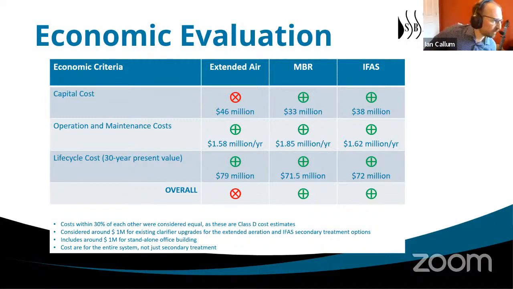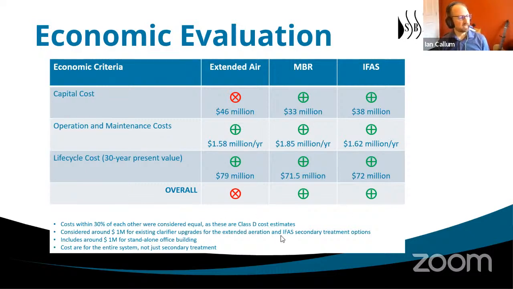In terms of capital cost, operation and maintenance cost, and life cycle costs, we can also see here that, not by a lot, MBR was slightly cheaper than IFAS, also cheaper from a capital cost point of view, but slightly more expensive from an operation and maintenance cost.